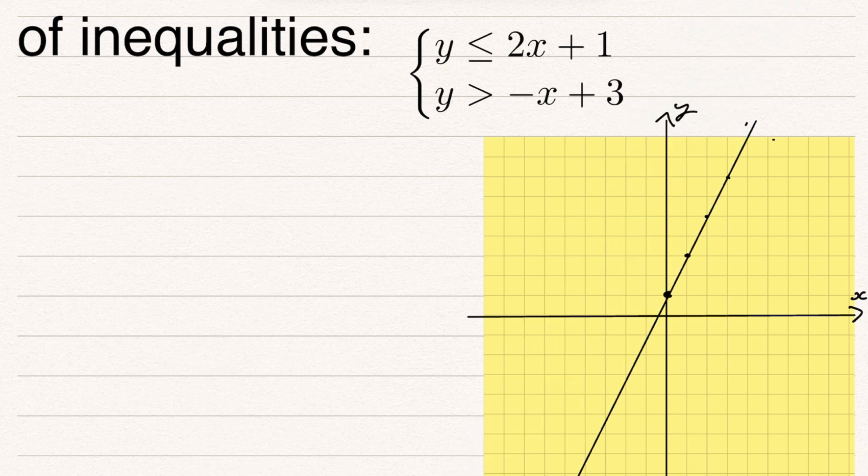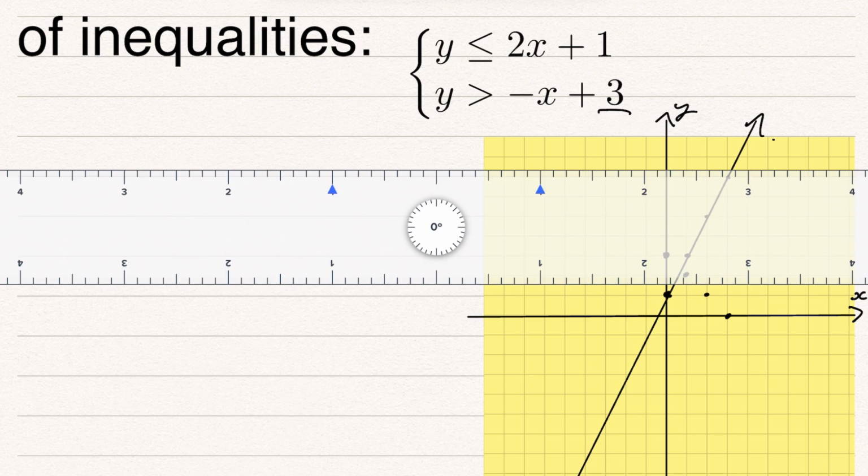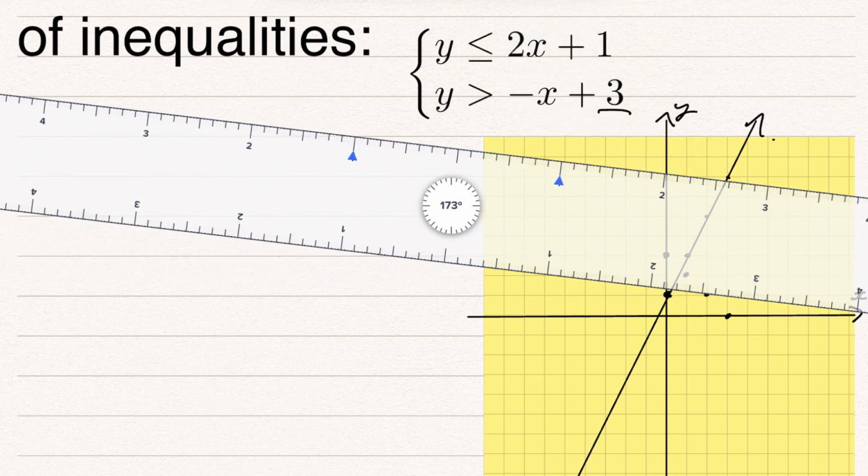For now, we'll put away the ruler and look at our second line. This one starts at positive 3 and goes down 1, over 1, down 1, over 1, down 1, over 1, and it continues like that. This one, however, is dotted, so we do need to make an adjustment. Our line should also be dotted.